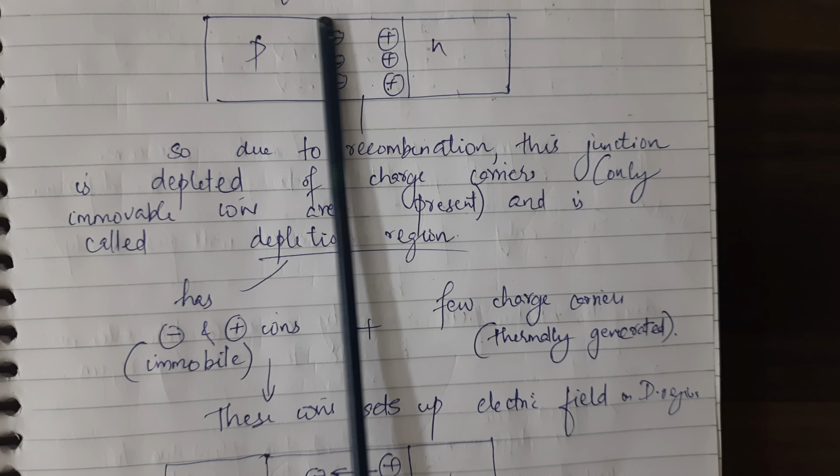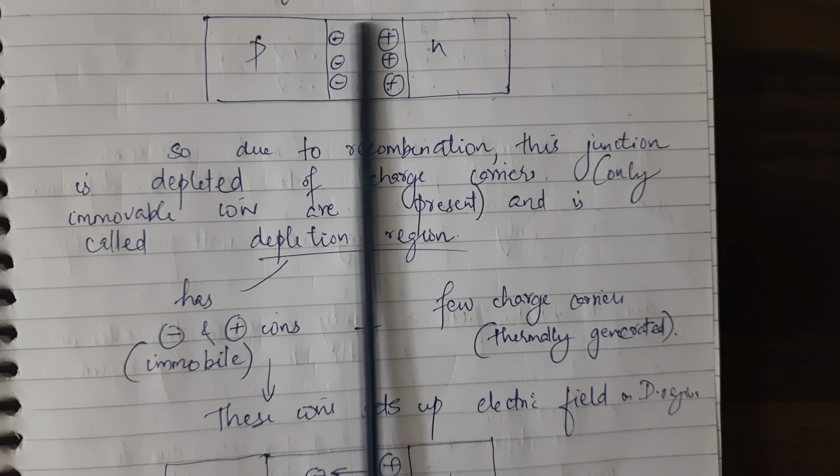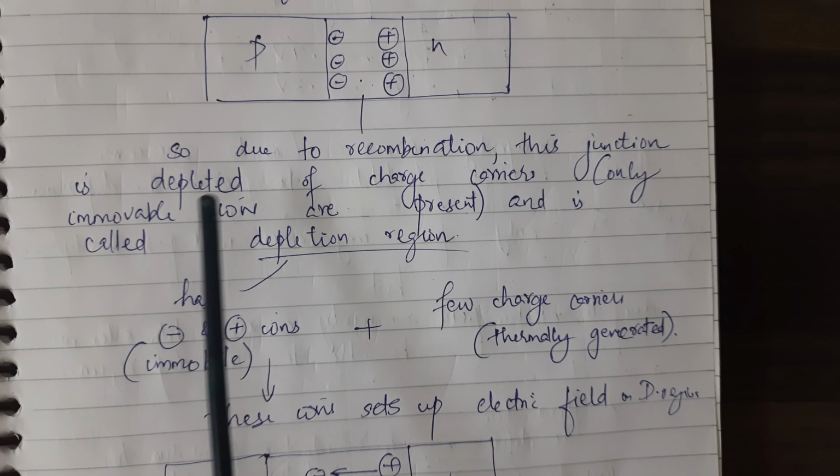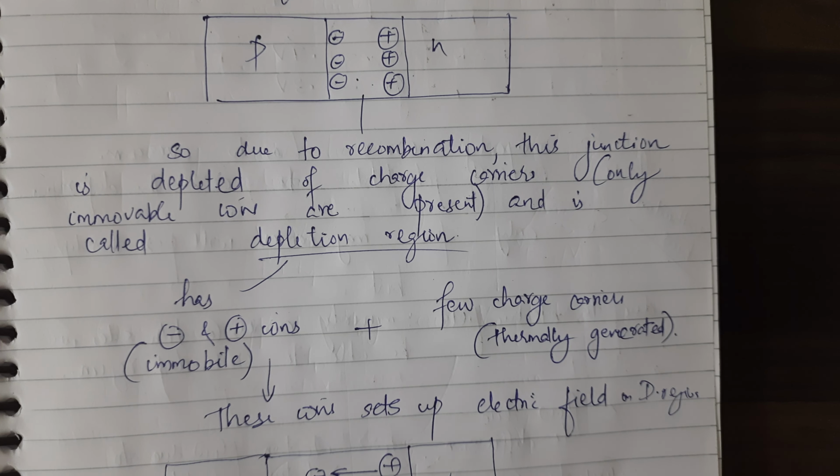These are immovable ions due to the recombination of the electrons and holes. So due to the recombination, this junction won't have any charge carriers. Only very few charge carriers will be there at this junction.